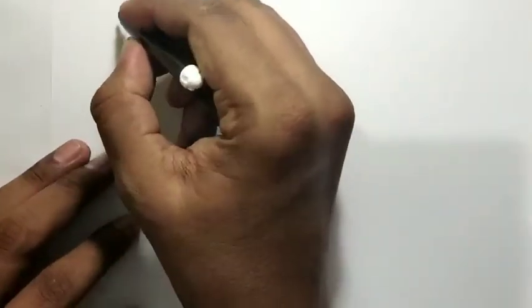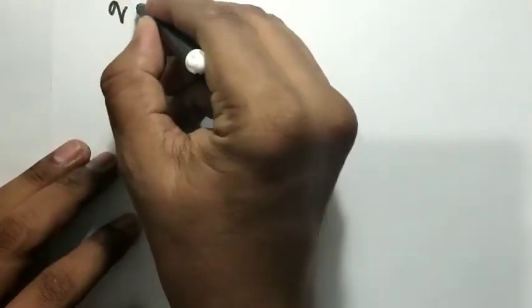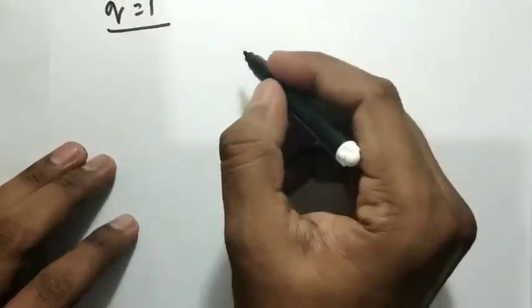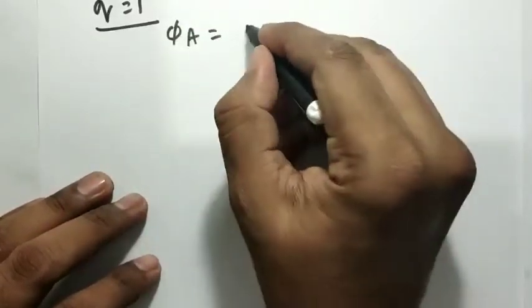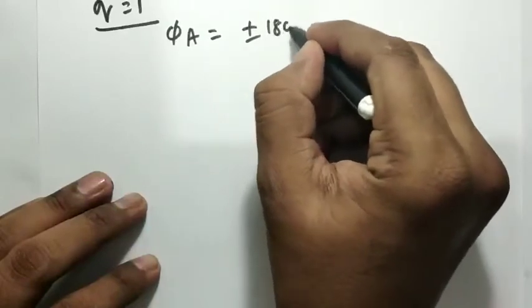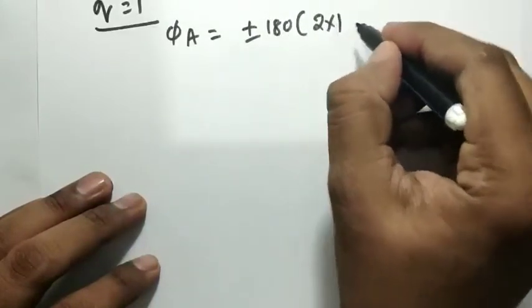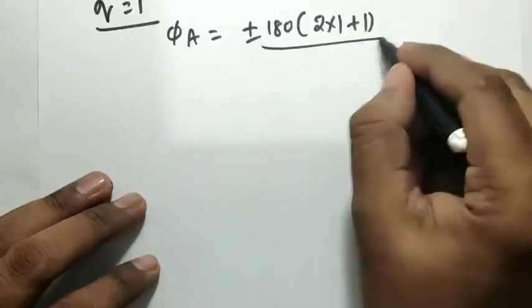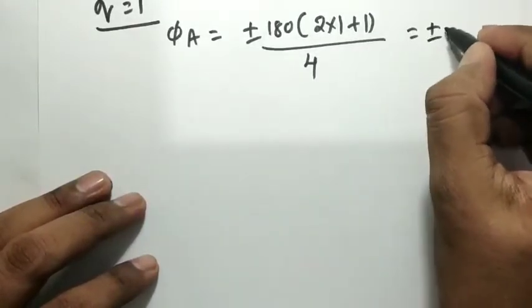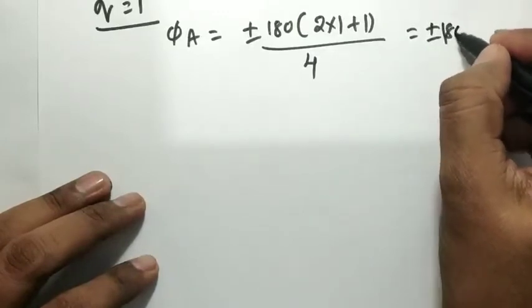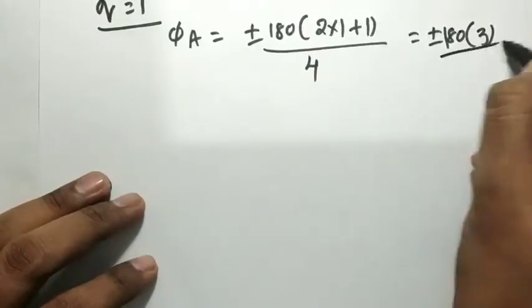Now we find for q is equal to 1. So what are the asymptotes? φa is equal to plus or minus 180 into 2 times q, which is 1, plus 1, by 4. So plus or minus 180 into 3 by 4.